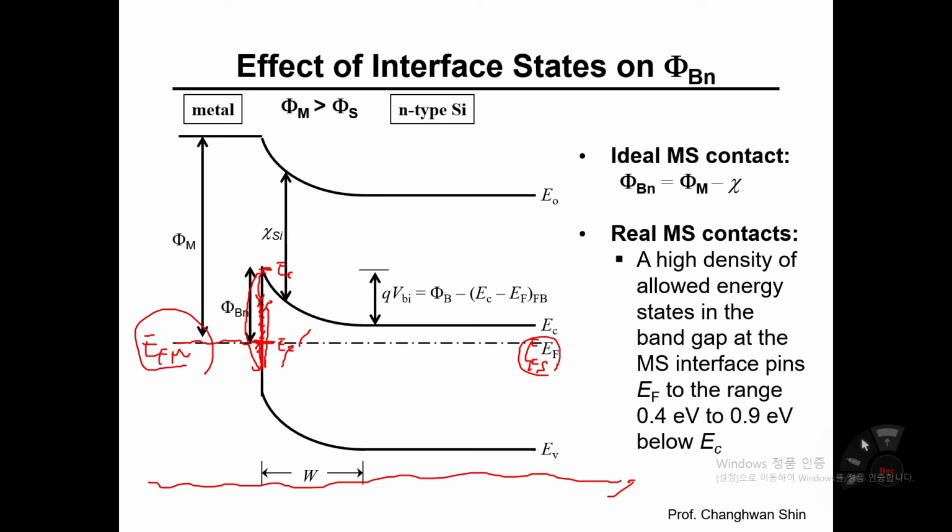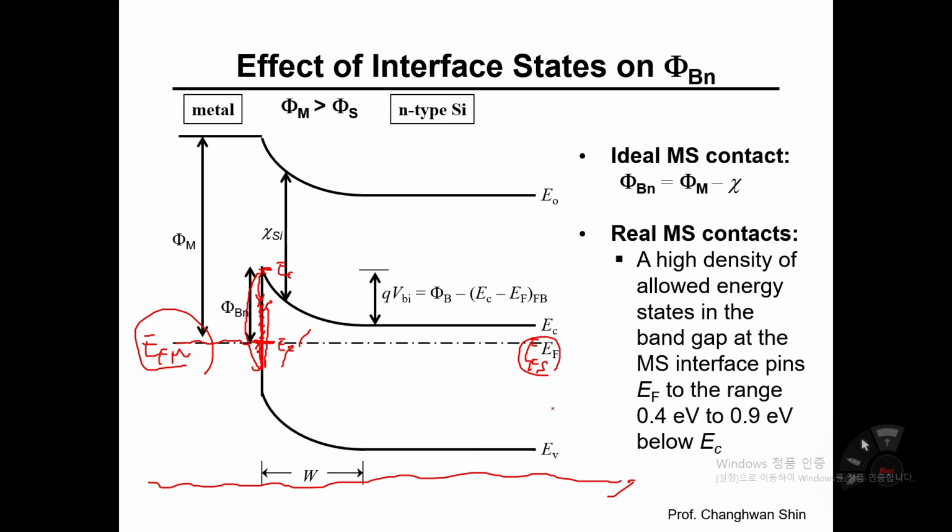So if we are claiming that the Fermi energy level of metal is very different from the Fermi energy level of semiconductor, then equally speaking, the work function of metal is very different from the work function of semiconductor. But once those two materials, metal and semiconductor, are physically contacted, because they are now combined into a single system, the Fermi energy levels of metal and semiconductor should be aligned.